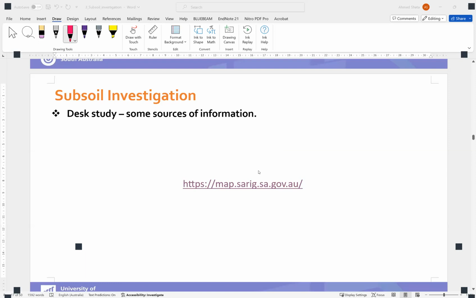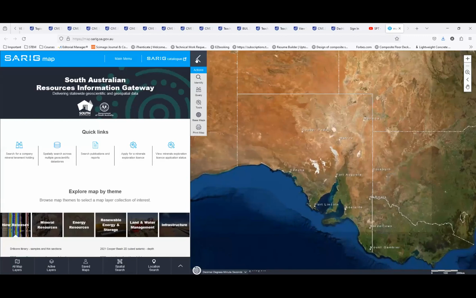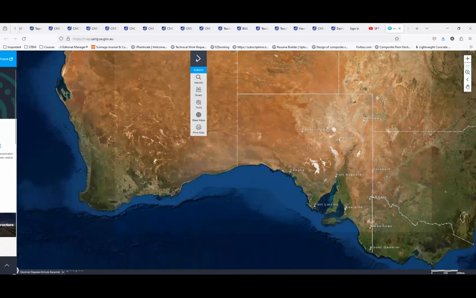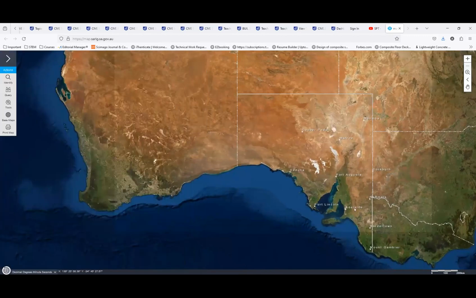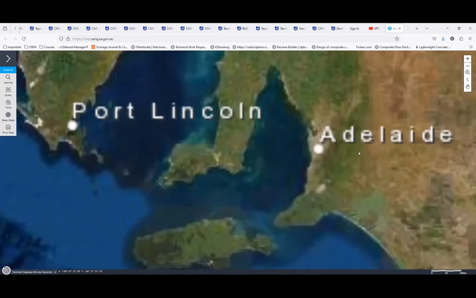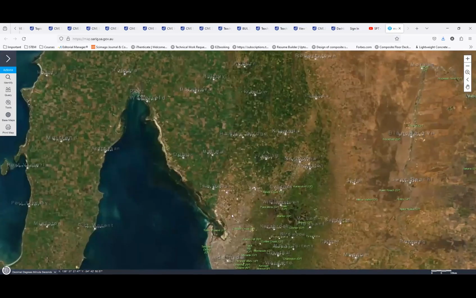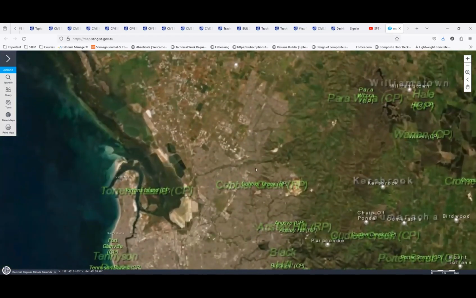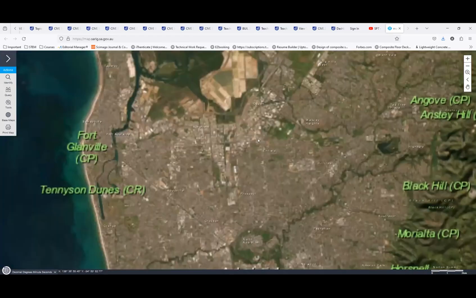This map is provided by the SA government. I'm just trying to open the map for you. You can have a look at the map, and I'll share my screen. Can you see my screen now? So this is the map provided by SA. For example, if we are here in Adelaide, you can zoom out and see the soil nature in this area.